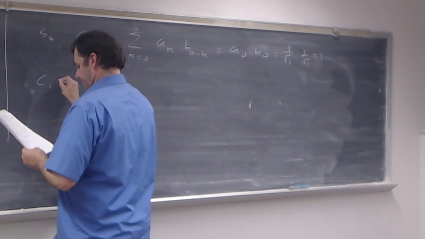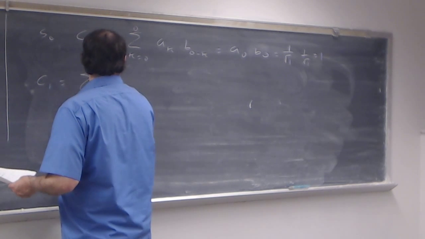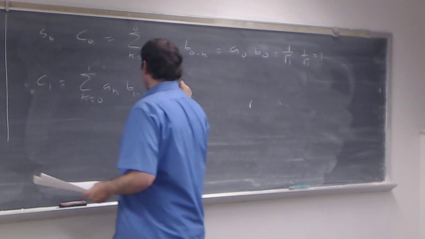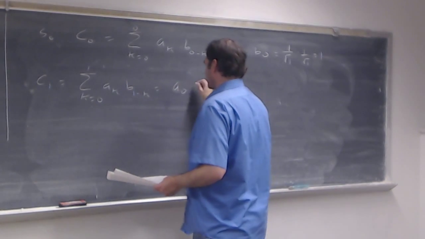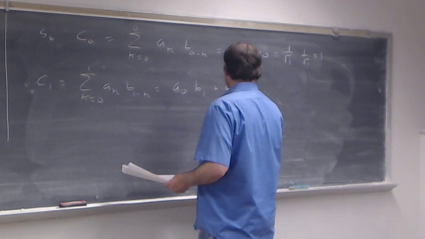c sub 1 is equal to the sum as k runs from 0 to 1 of a sub k, b sub 1 minus k, which is going to be a sub 0, b sub 1 plus a sub 1, b sub 0.